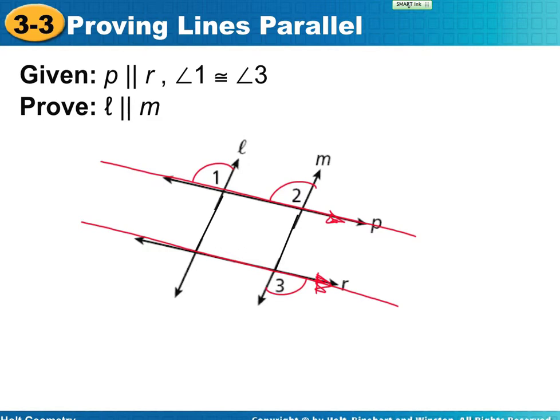Now, why is that helpful? Okay, well, focus now on angle 1 being congruent to angle 2. Why would that make this line parallel to this one? You're really ignoring this part of the picture.